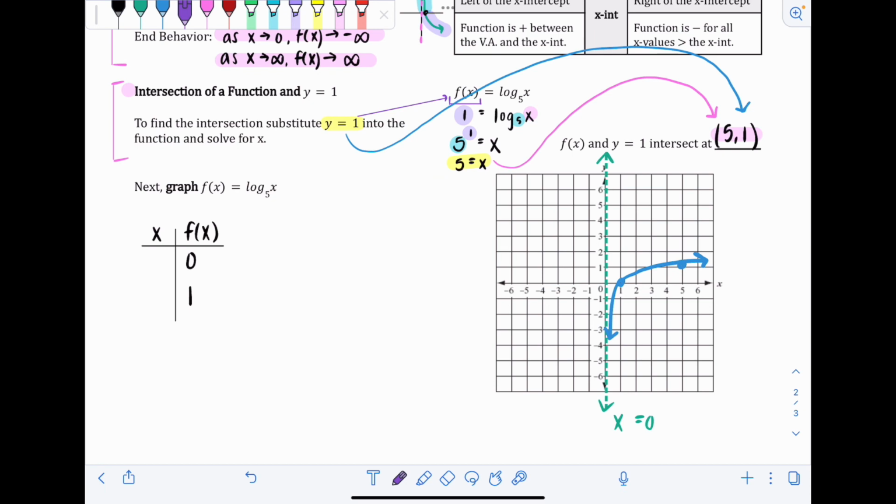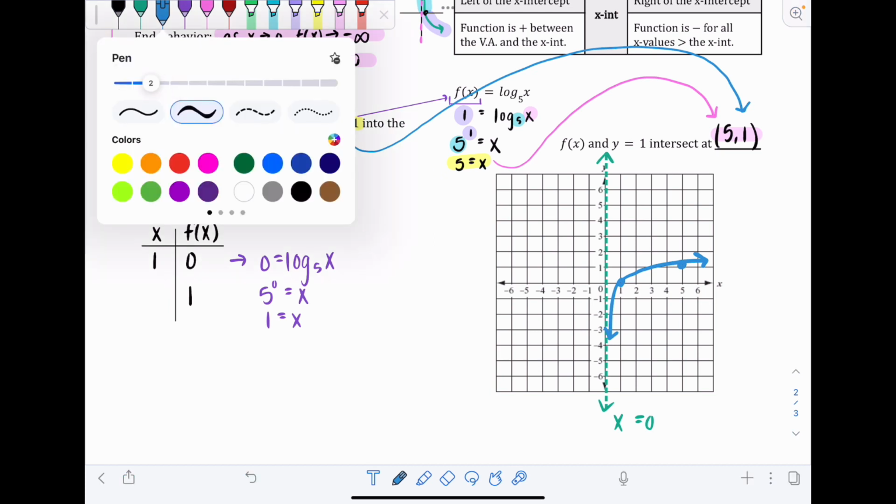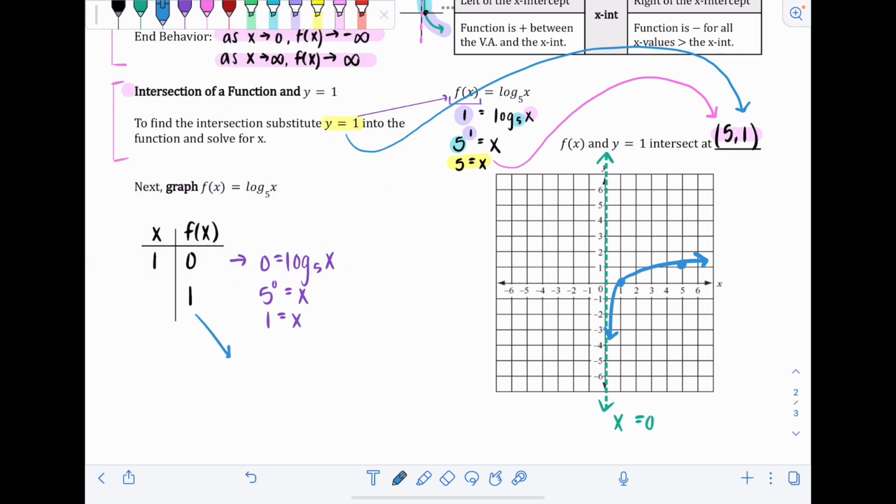So this would be putting 0 in for f of x in f of x equals log base 5 of x. And then if I rewrite that in exponential form, it would be 5 to the 0 equals x. And then 5 to the 0 is 1, and that equals x. So I would put a 1 right here. And then for f of x equals 1, I would do the same thing.